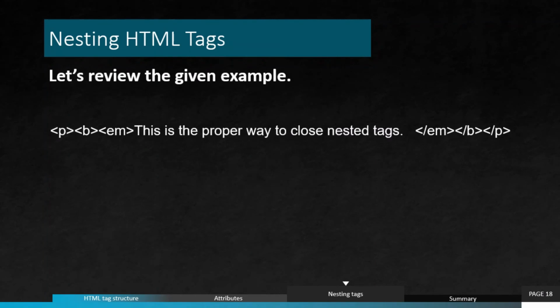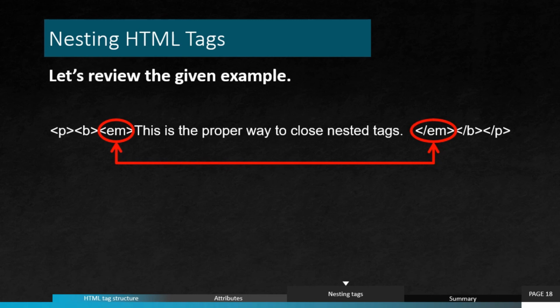Okay, so this is the given example. I have the P tag for paragraph. I have the B tag for bold. EM tag for emphasis. The last one I opened is EM, or emphasis. That's why it is the first one I close as part of the closing tags. My opening tags are together, and my closing tags are together, because this whole content is what they will format.